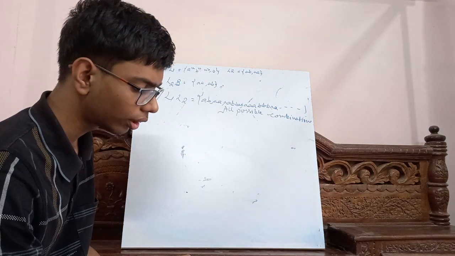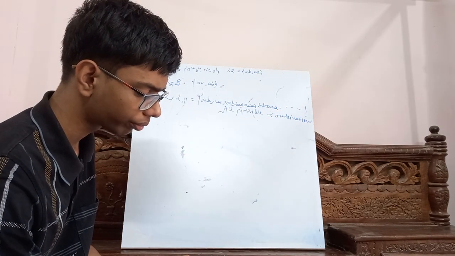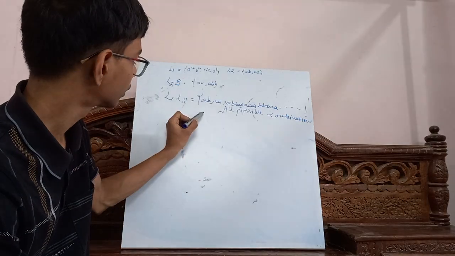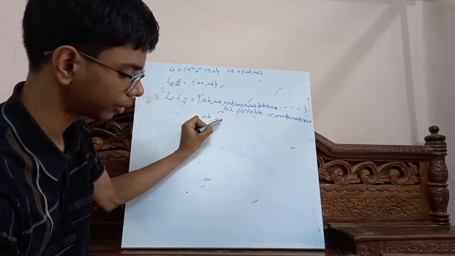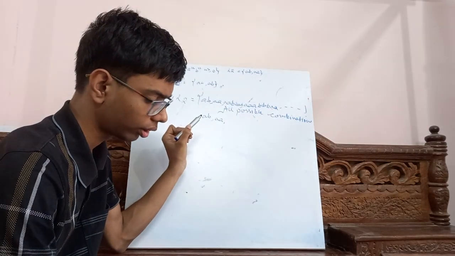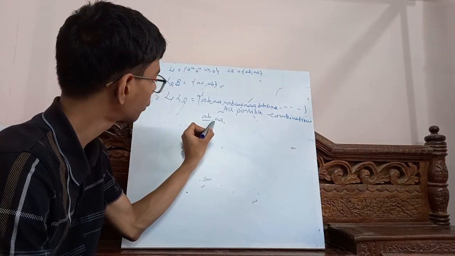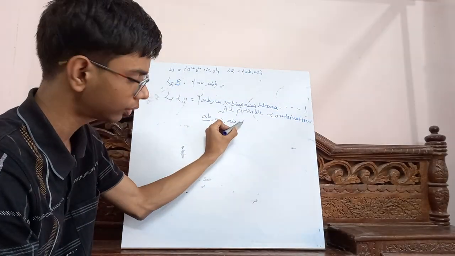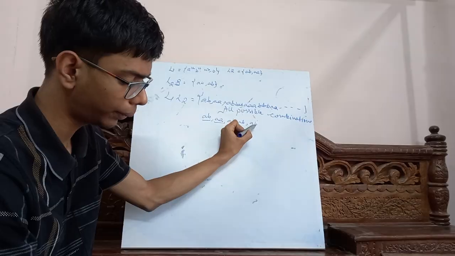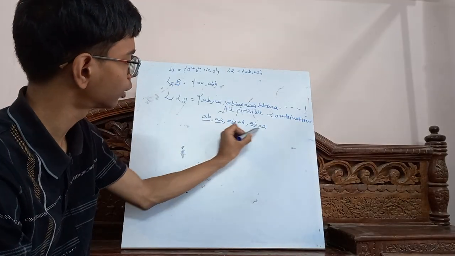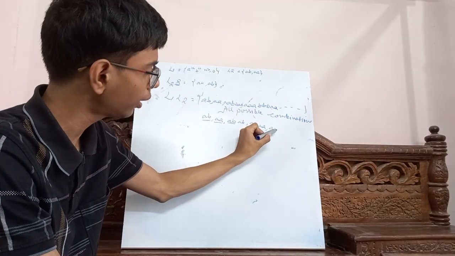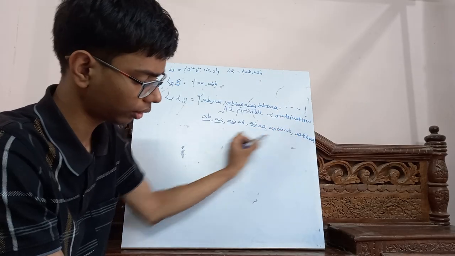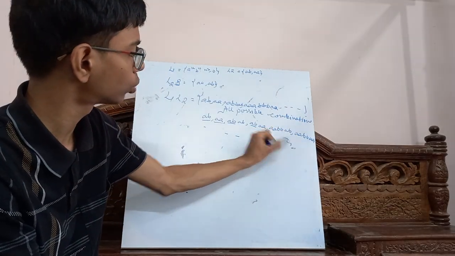So I can first take ab, a, then its concatenation with lambda, now its concatenation with ab and ab, and then with aabb, aabb, and so on.